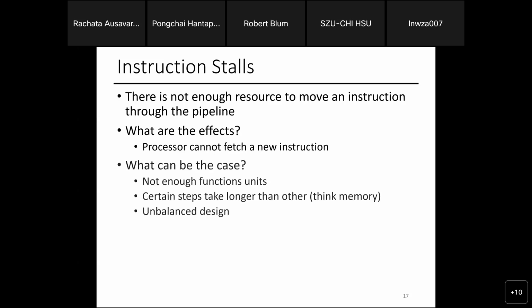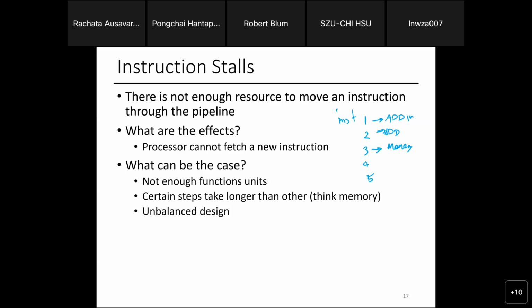Anyway, what can be the causes of this? Obviously, not enough functional units. I don't have enough adders or multipliers to support all these instructions. Sometimes some steps take longer, like memory. Let's say I have 5 instructions: instruction 1, 2, 3, 4, and 5. This one is an add, and this is memory.